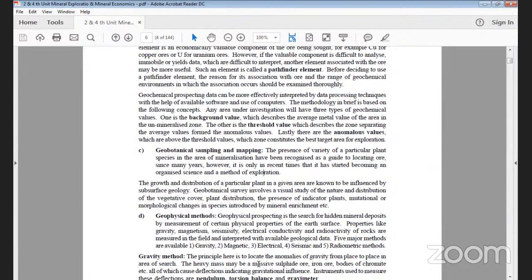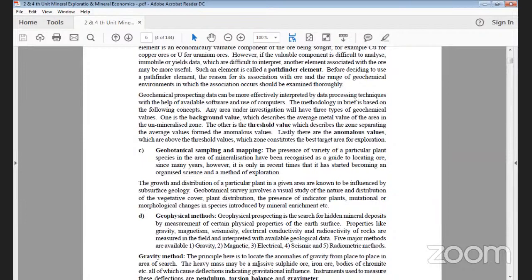These samples are cut into small pieces and dried in the sun. Then we convert them into ash at 450 degrees centigrade, and the ash we send to the laboratory for analysis.